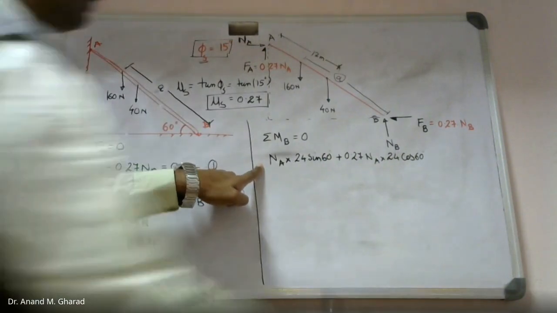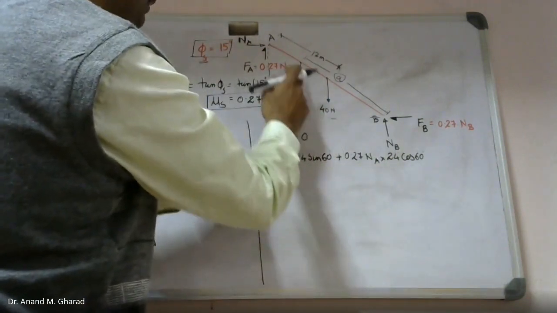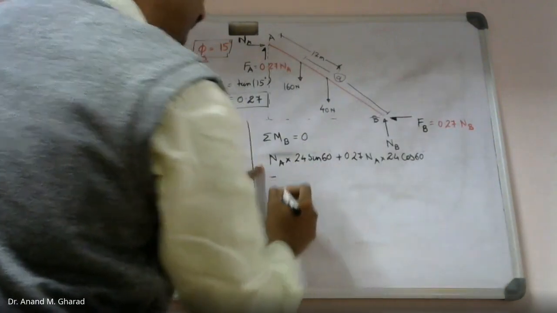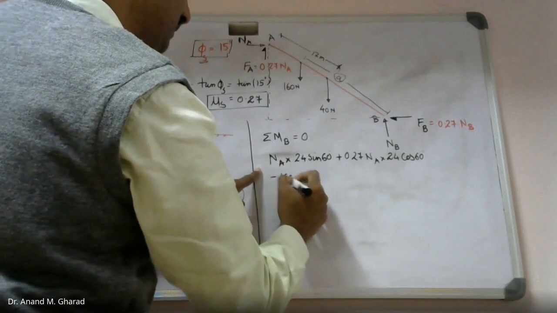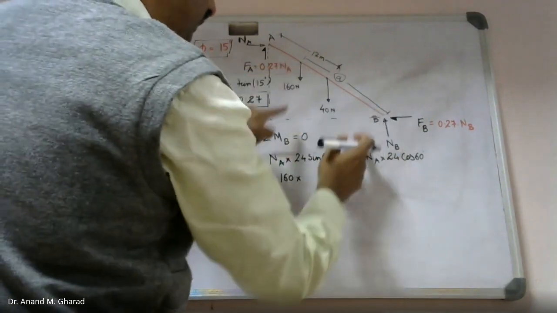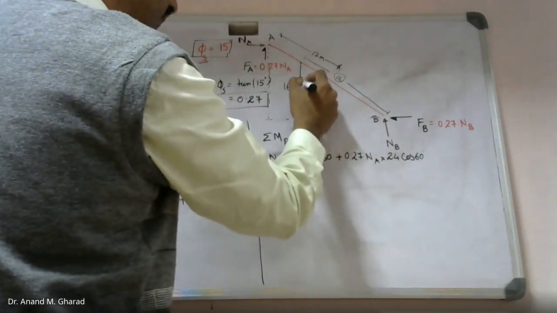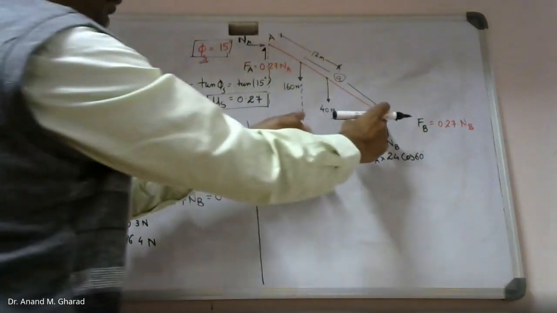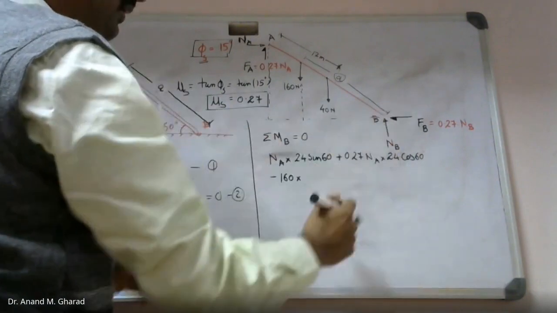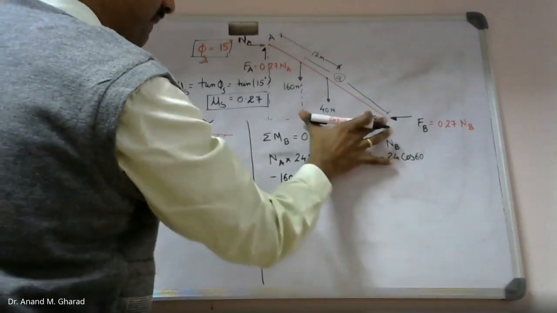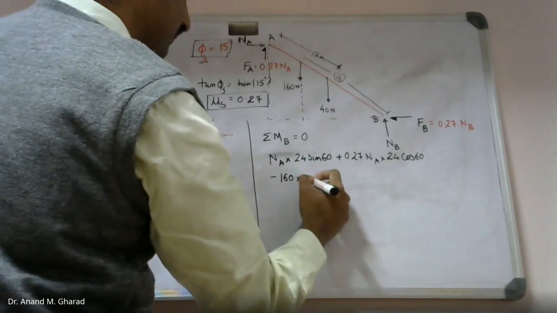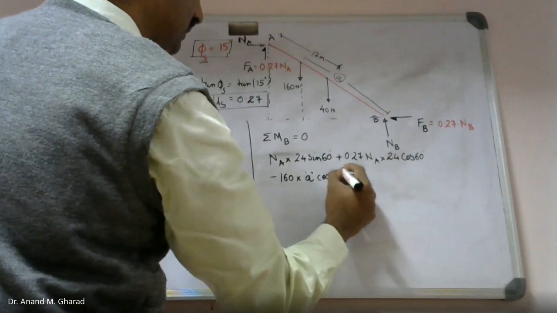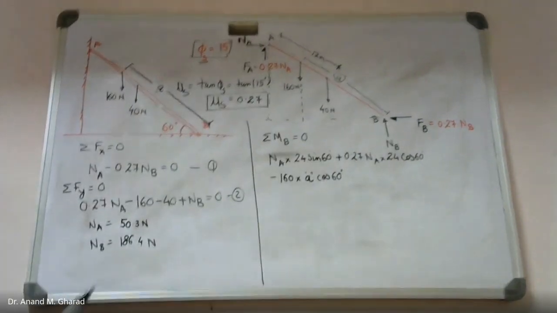Barabar hai? Next is 160 Newton. This is going to rotate in the anti-clockwise direction about point B. So initial step itself, I am saying minus 160 into perpendicular distance, now shall be how much? Will it be A cos 60? Yes, sir, A cos 60. A cos 60.